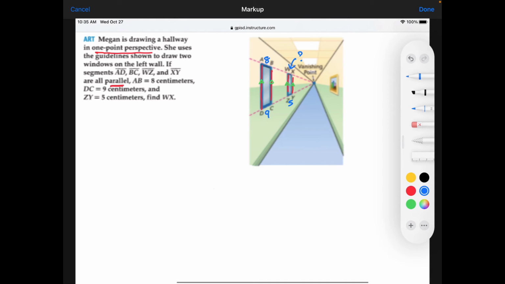So remember the corollary stated that if you have more than 1 parallel line, then those parts that are being cut are also proportionate to each other.